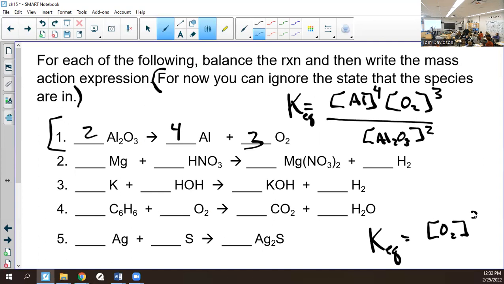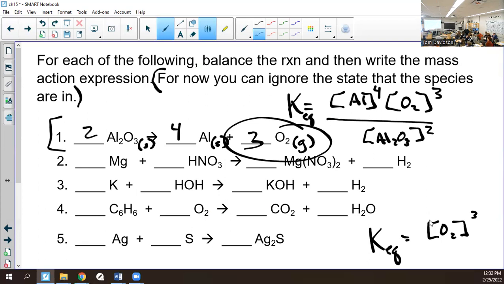Is there really a concentration of Al and Al2O3? It's not in a solution. So technically, and we'll go over a slide very soon, when you write these, we would never include a solid. So this one would be a gas, so it's the only one that would actually have an equilibrium expression.